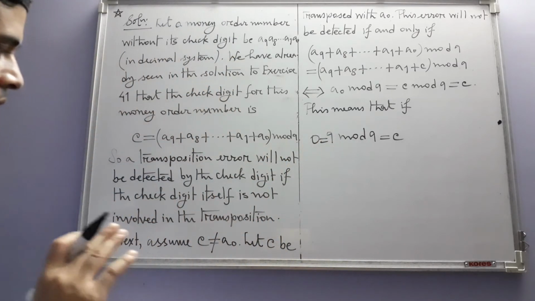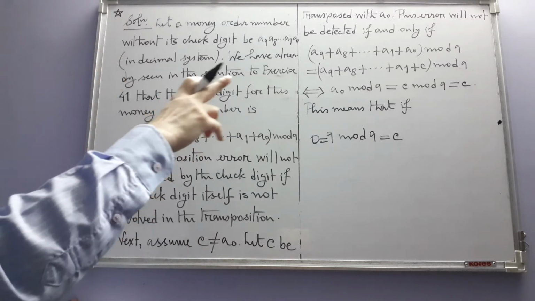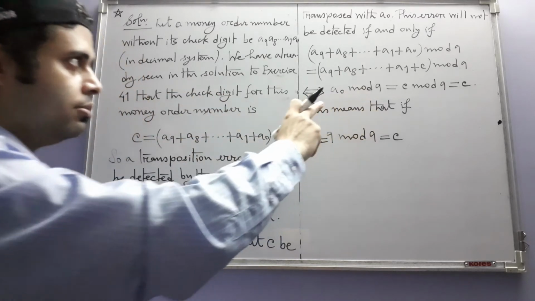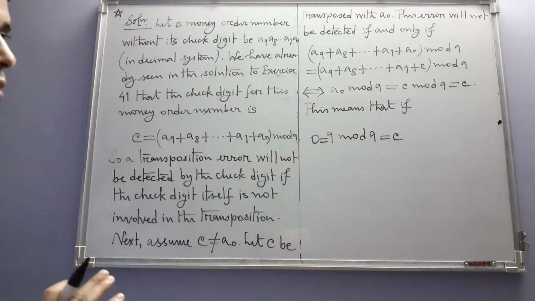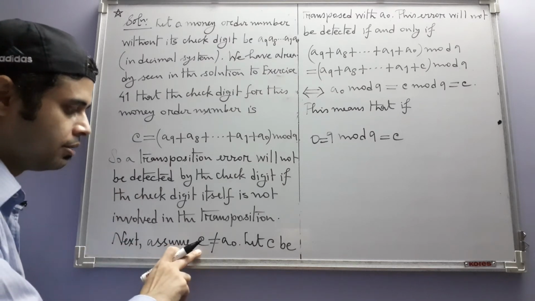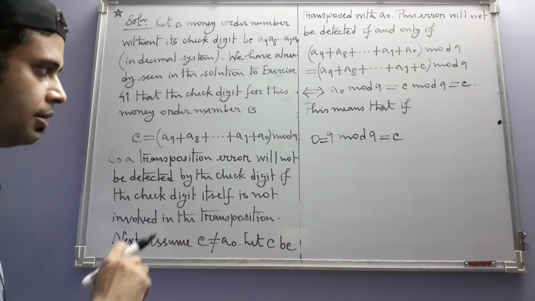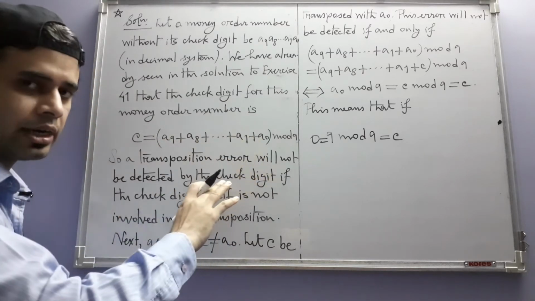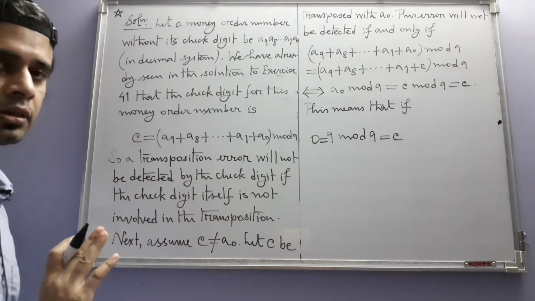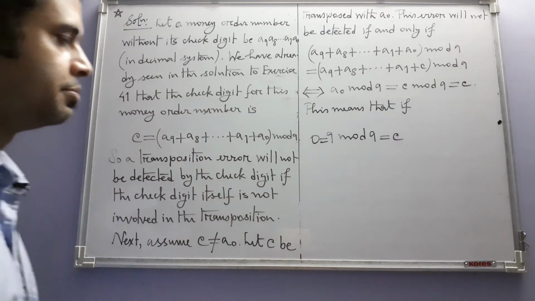So you can see that in such a case also the error will not be detected. But of course, if this equation fails to be true, then the error will be detected. So the error detection is possible only when the check digit is transposed. If something else is transposed, then it will never be detected. That's what the exercise is saying.